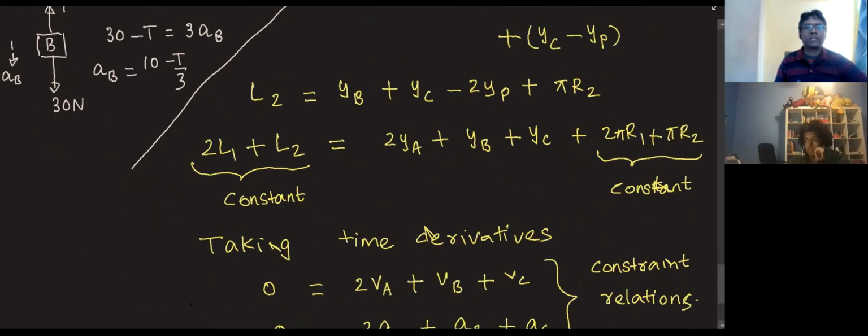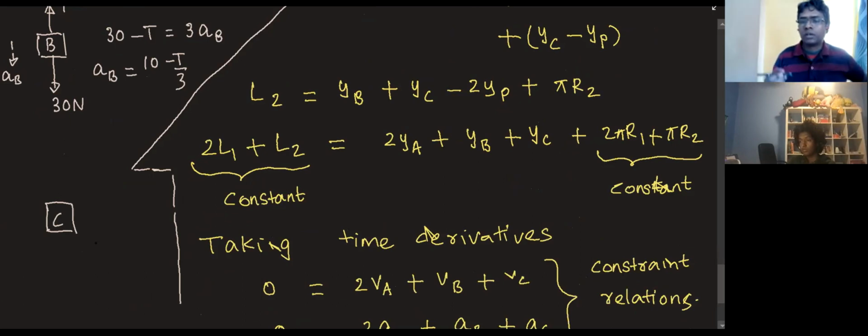Now let us look at the free body diagram of C. Here the free body diagrams are rather simple because we don't have to worry about relative acceleration. Everything is assumed to be worked relative to a ground frame. Here the gravitational force is 50 newtons. Tension is T here.